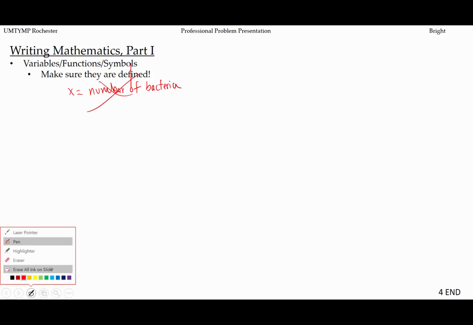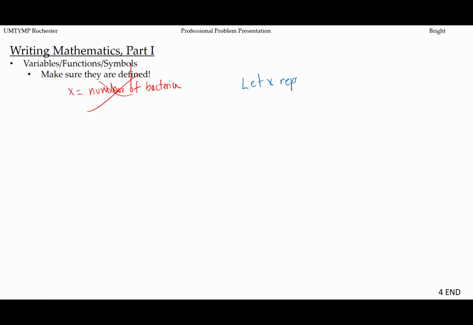Instead, what we do want to write is something like, let x represent the number of bacteria. And make sure it is a sentence, so make sure to end in a period.